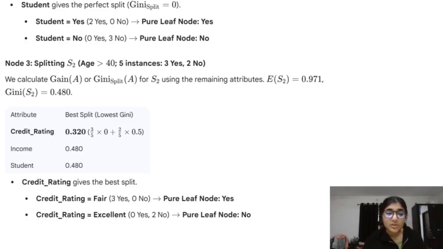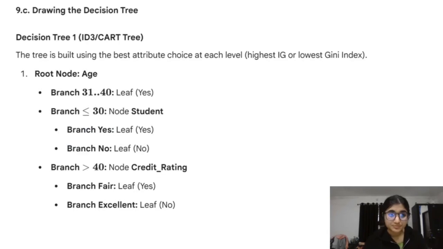The best split is the lowest Gini. Credit rating has 0.320, income has 0.480, and student also has 0.480. So credit rating gives the best split. Credit rating fair has 3 yes and 0 no, a pure leaf node, yes. Credit rating excellent has 0 yes and 2 no, a pure leaf node, no.